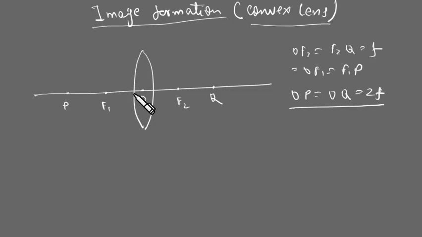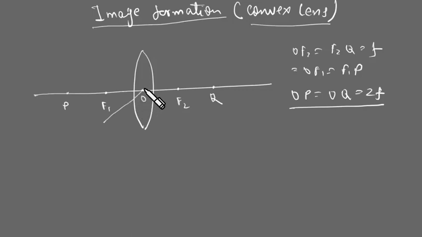Now what we will do, we will position the object at different positions, and then we will see where the image is formed. Before that, a few things that we should know. First of all, any ray which goes through the optical center of a lens goes undiverted.